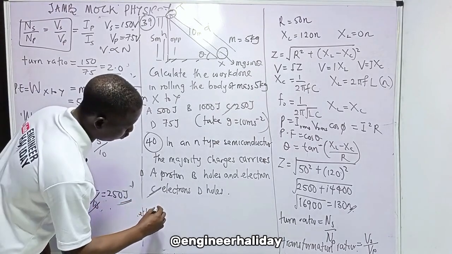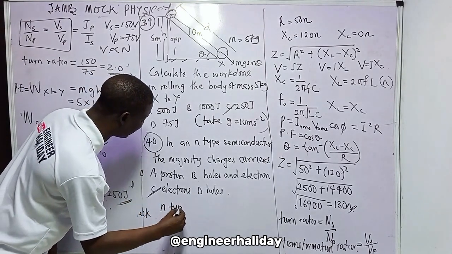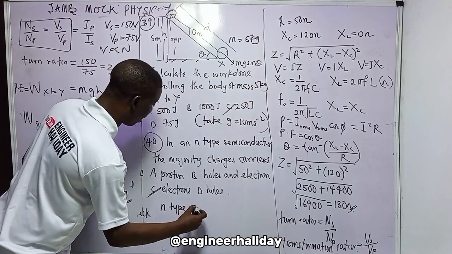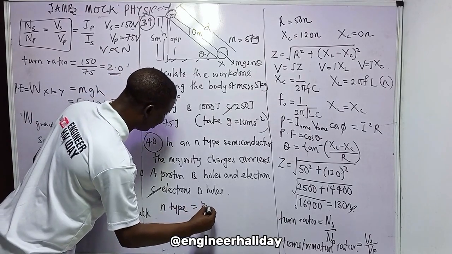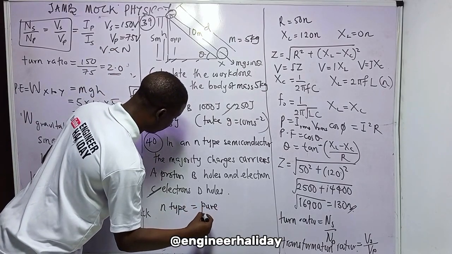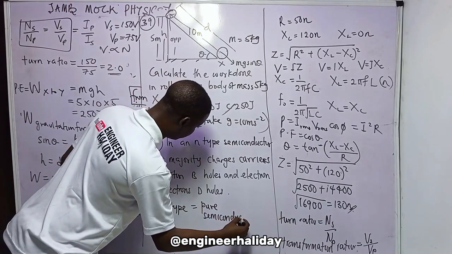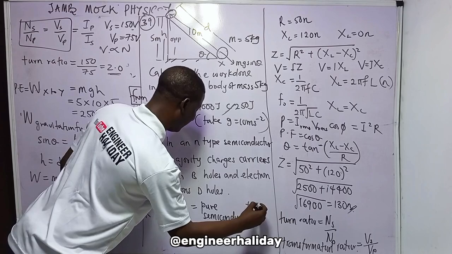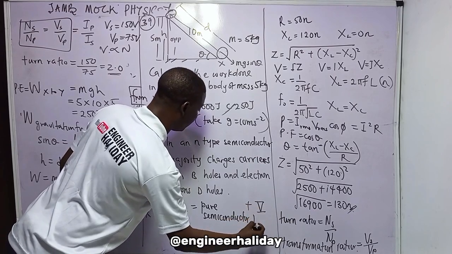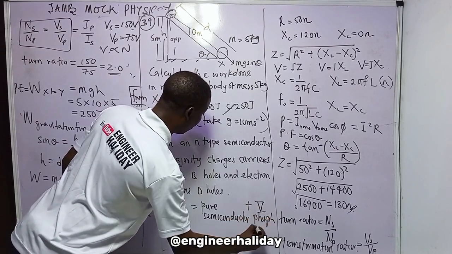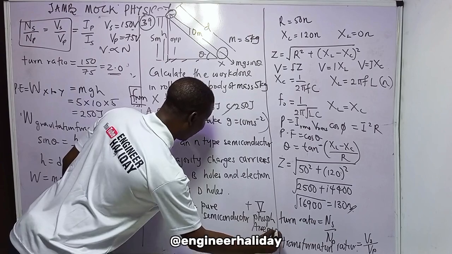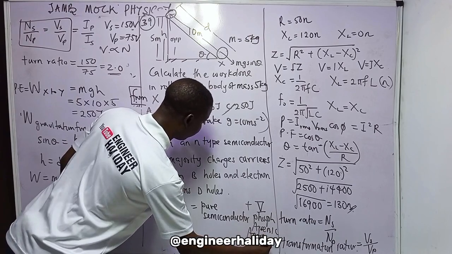Don't forget, an n-type is an extrinsic semiconductor, and it's formed by adding a pure semiconductor to a pentavalent impurity, either phosphorus or arsenic or antimony.